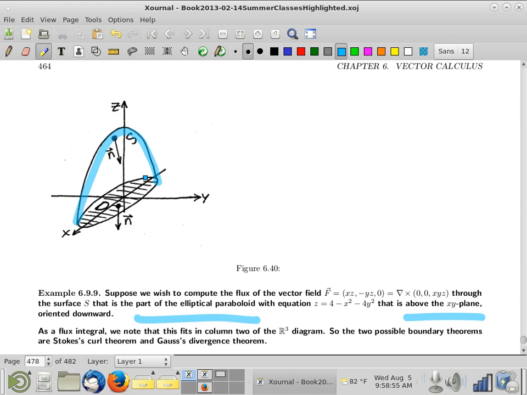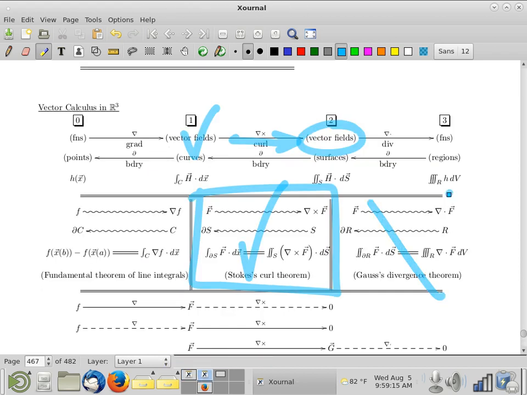That ellipse in the xy plane is not part of the surface. So this is not a boundary. So seeing as it's not a boundary, Gauss's divergence theorem, not an option. Everybody good? Okay. So let's do it with Stokes' curl theorem.